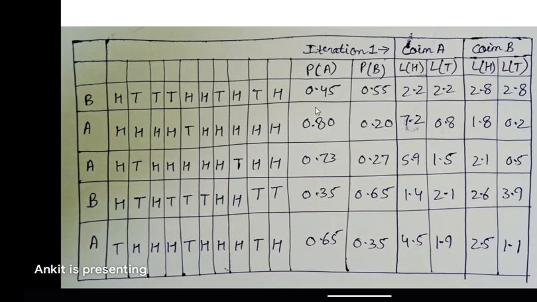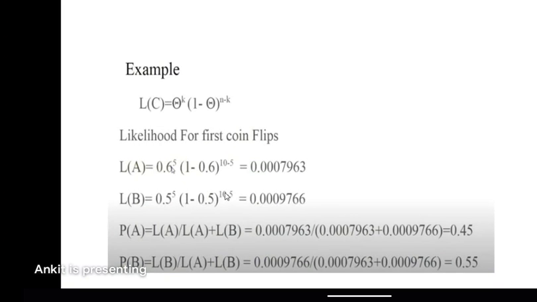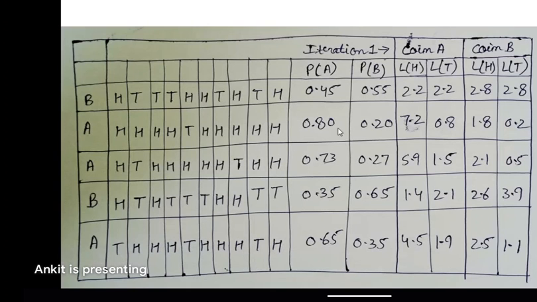Now for the second row, for point A, the K will be 9 and N will be 10 minus 9. Okay. So in this manner, PA will be 0.80 and PB will be 0.20. So by using these values, you will easily calculate LH and LT for point A and LH and LT for point B. Right? So in the same manner, you fill all the data here.